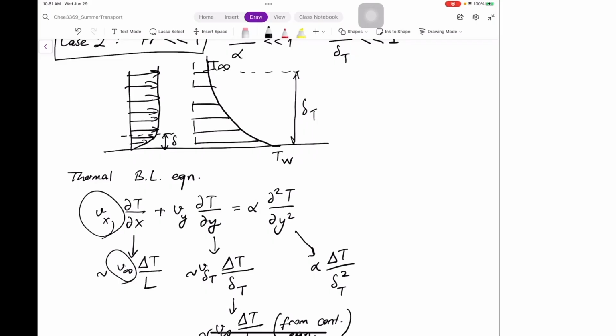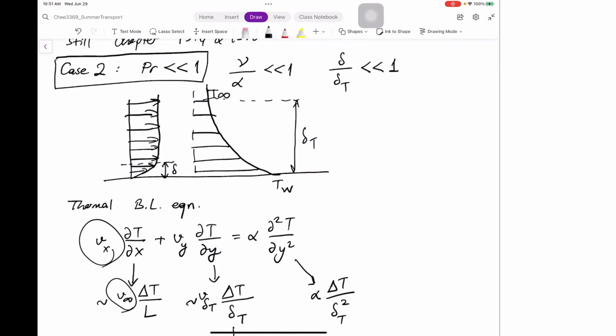Although this is valid for Prandtl number almost equal to 1 and much less than 1, this is not valid for Prandtl number much larger than 1. The reason is because you can see that at any point here, in most of the regions, my V is almost equal to V infinity.